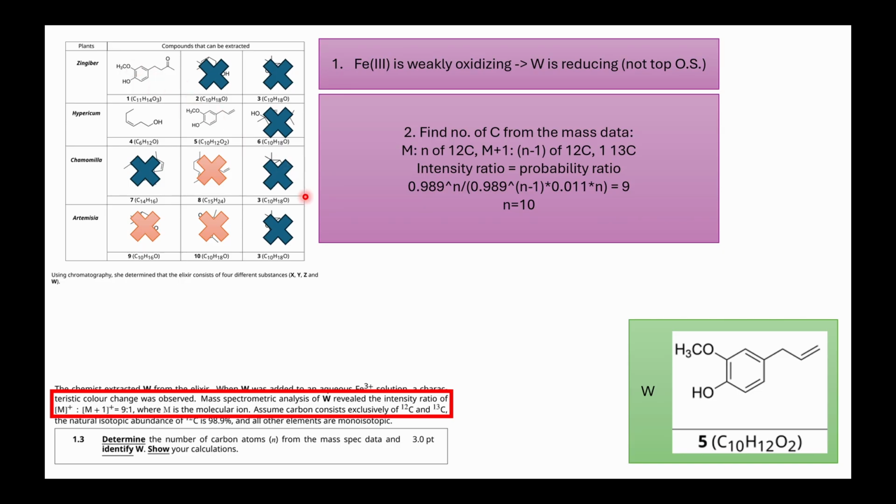The role is not to oxidize, but after you deprotonate the phenol, it coordinates to the iron. And actually the color change is not from yellow to green. I apologize for my earlier mistake. It is from yellow to a very intense purple.